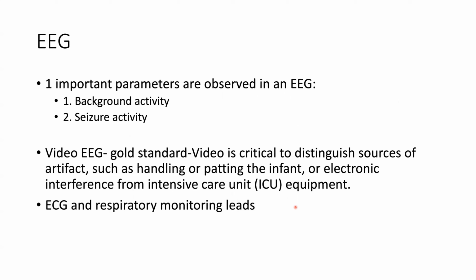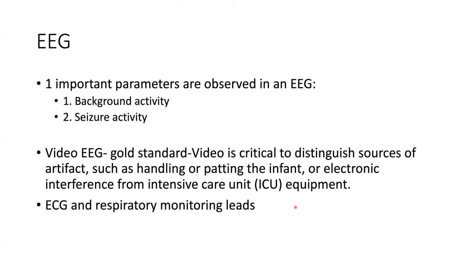Video EEG is always the gold standard because it is critical to distinguish sources of artifact. Newborns are generally kept in the NICU. They can have a lot of electronic interference from the ICU equipment, and they can have handling or patting related artifacts which can confuse the EEG reader if he does not have a video accompanying the EEG. Hence, the video EEG is important.